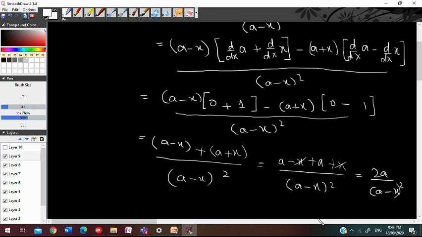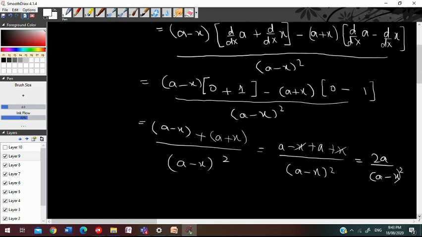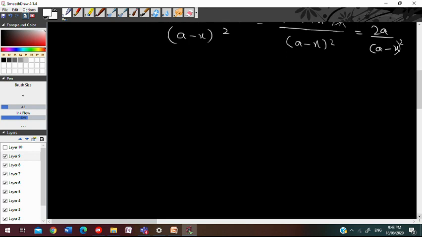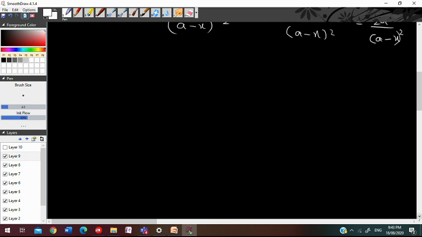Now question number 5. In question number 5 you can see here you have two factors which are multiplied with each other, which means here we have to apply the product rule. (x - 5) times (3 - x).